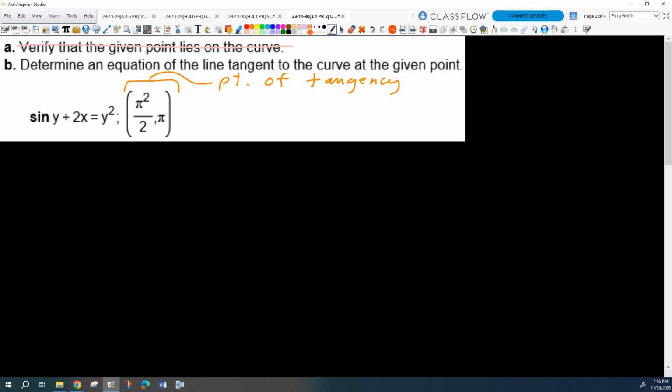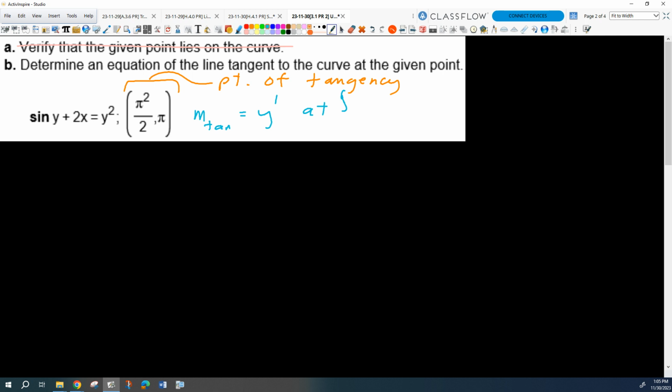What we need to find is the slope. The slope of the tangent line is just going to be y prime at the point of tangency. That's it, right?